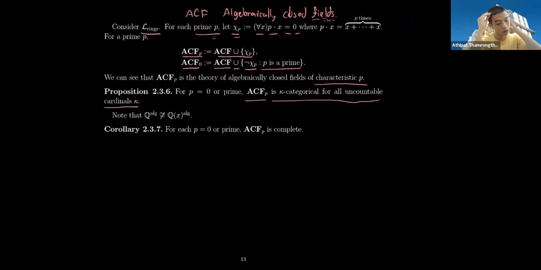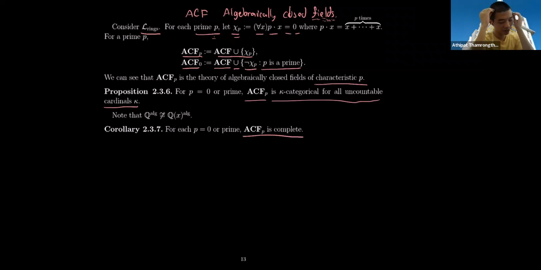But to show this, we need a little bit more tools, so I'm not going to show it here. Okay, and by the Łoś–Vaught test, we can have that ACF_p is complete.